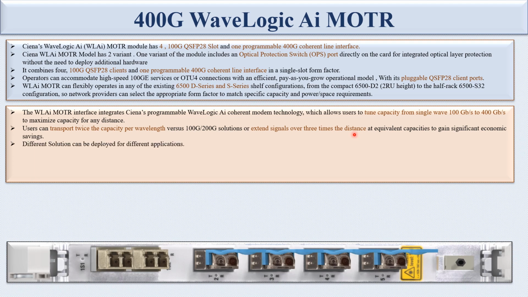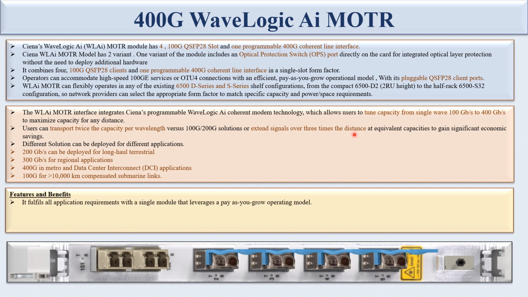Different solutions can be deployed for different applications: 200G for long haul terrestrial, 300G for regional applications, 400G in metro and data interconnection applications, and 100G for greater than 10,000 km compensated submarine links.